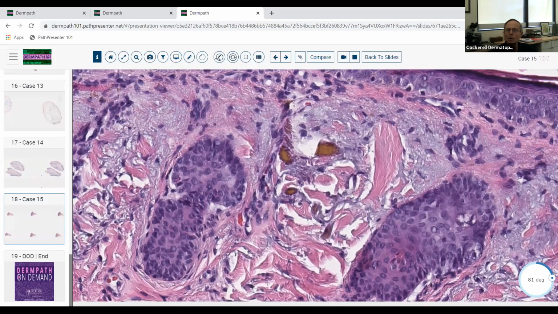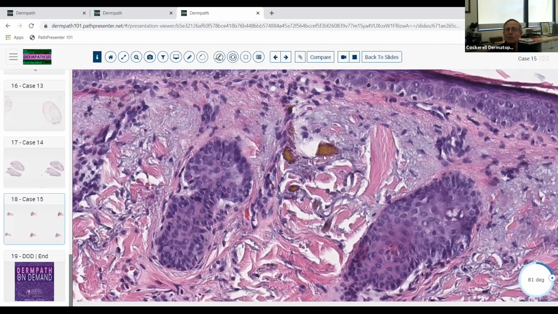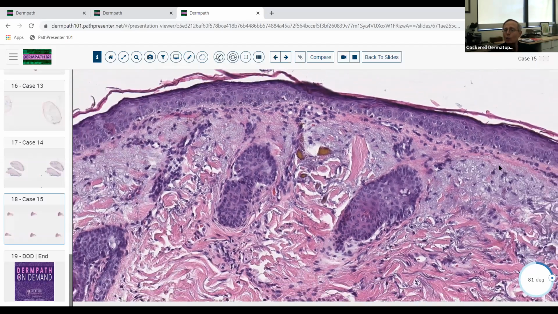And some of these almost look like little coiled or curly Q or curvilinear structures in a couple areas, because these are elastic fibers that have been damaged by a chemical. And this is classic, the little golden brown, banana-like structures in the dermis of acquired ochronosis.